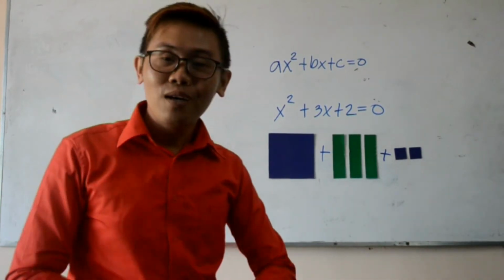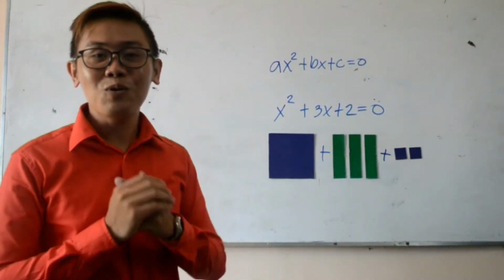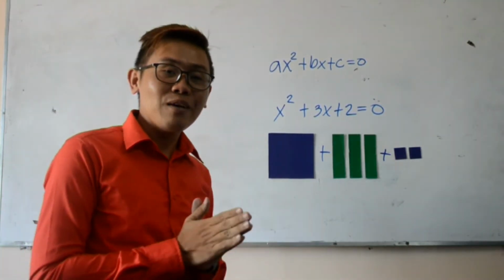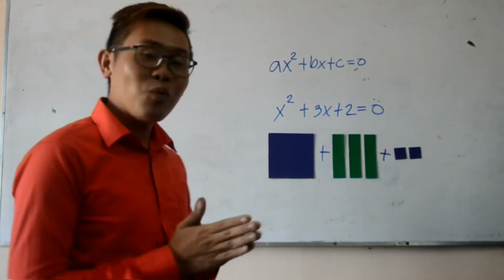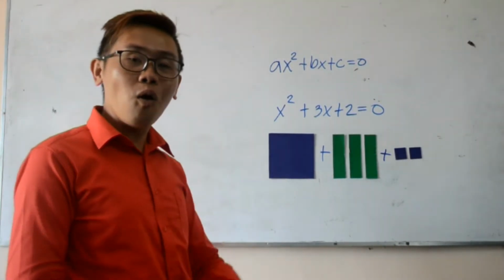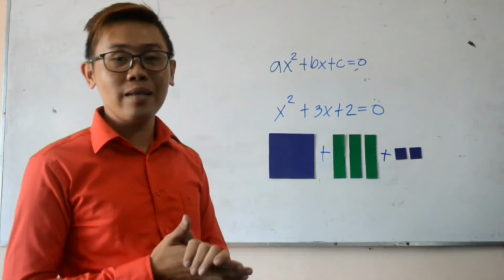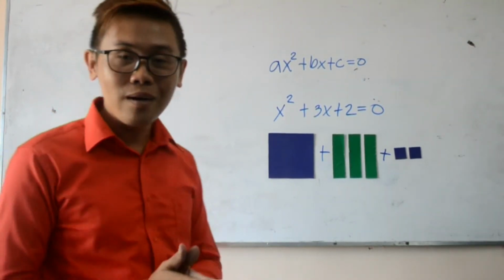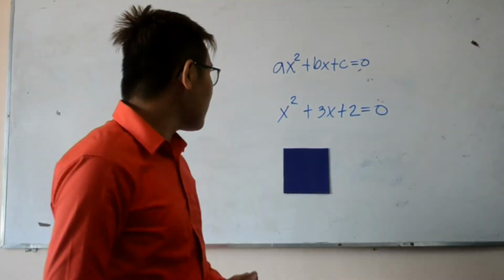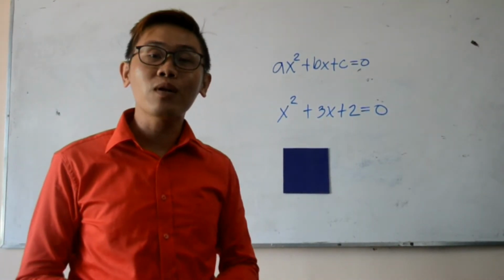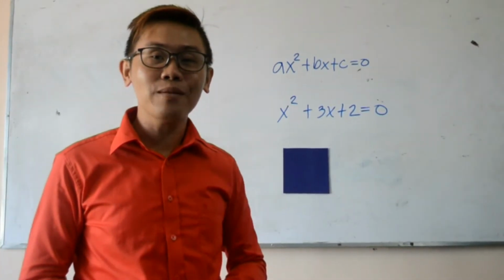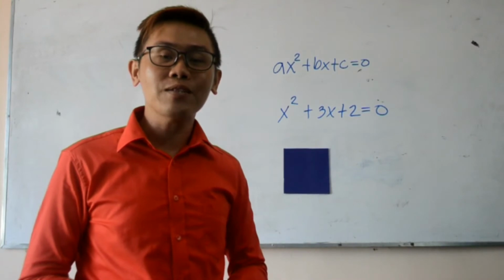So this is how we are going to solve a quadratic equation using factoring. We need to form a square. We need to combine all the tiles in order for us to create a square or a rectangle. To factor x squared plus 3x plus 2 is equal to 0 using the algebraic tiles, I am going to create a rectangle based on the given algebraic tiles.